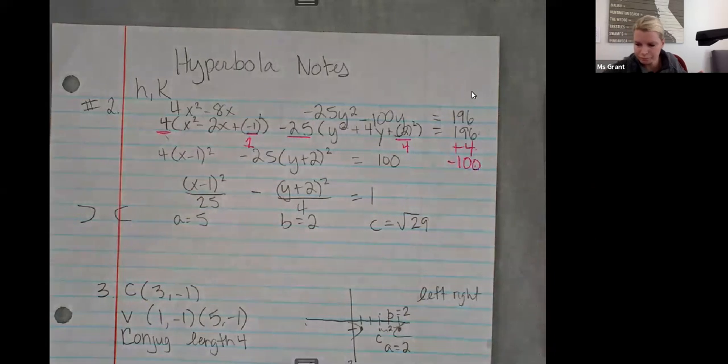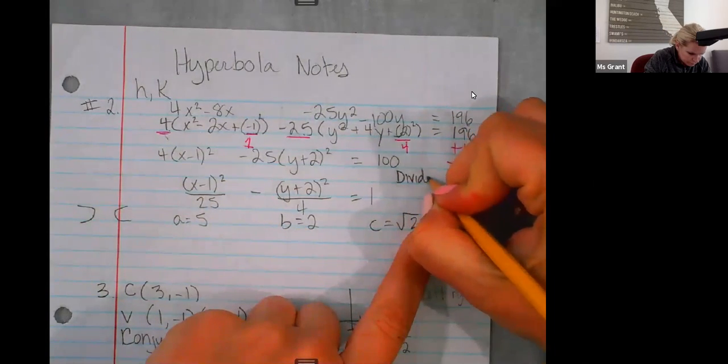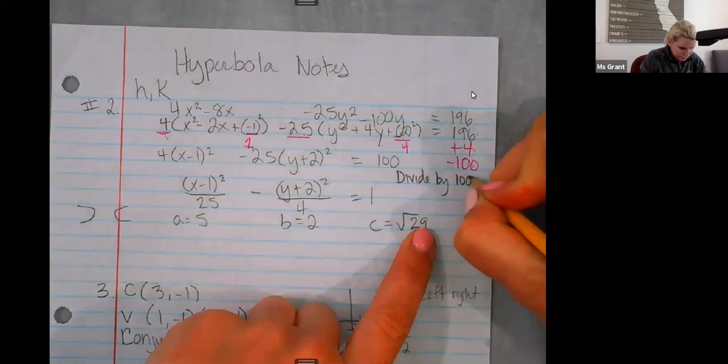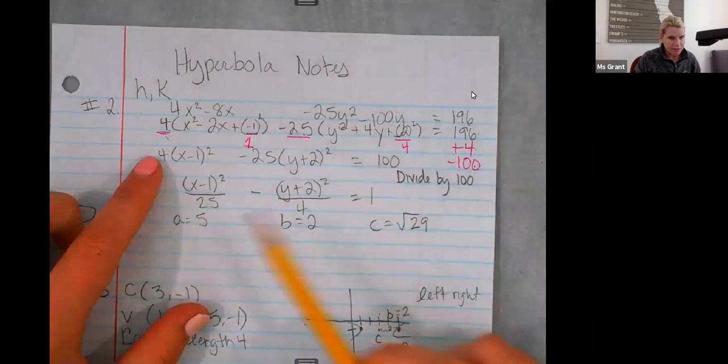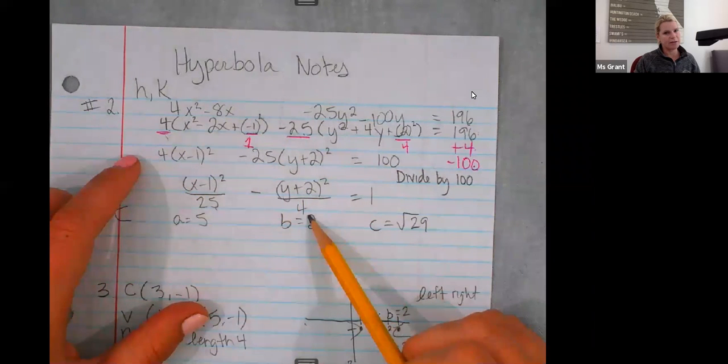So divide by 100. 4 divided by 100 is 25. Negative 25 divided by 100 is 4.